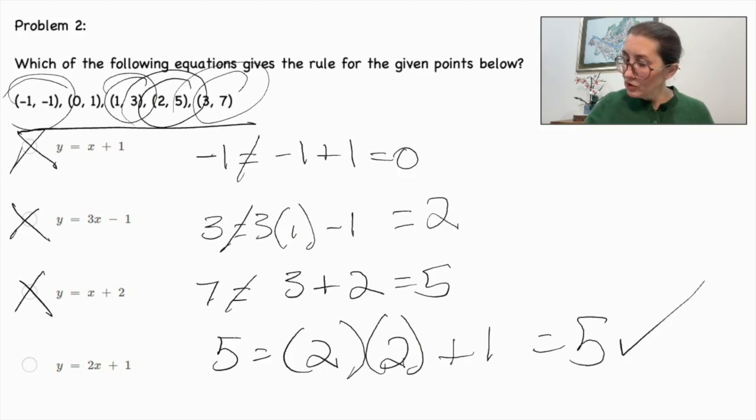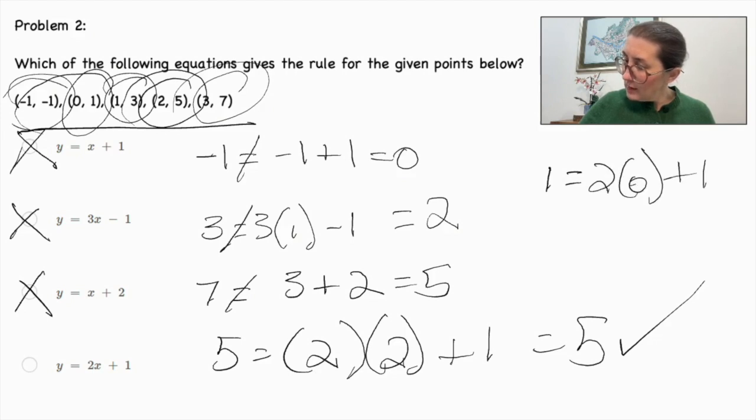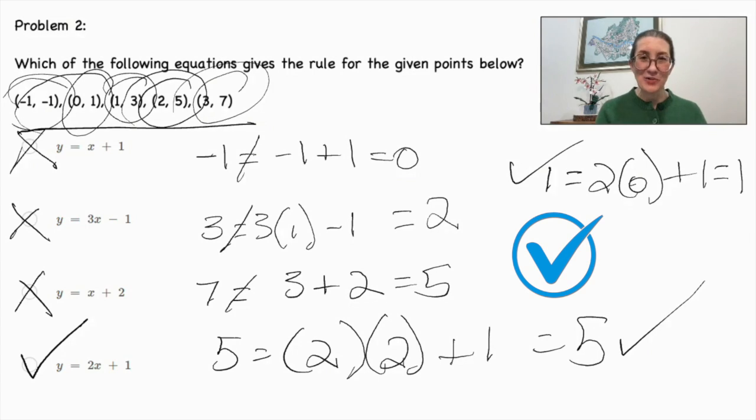That's correct. Let's try it with 2 more data points. 1 equals 2 times 0 plus 1 equals 1. That is correct. So we can safely say that that is the correct answer.